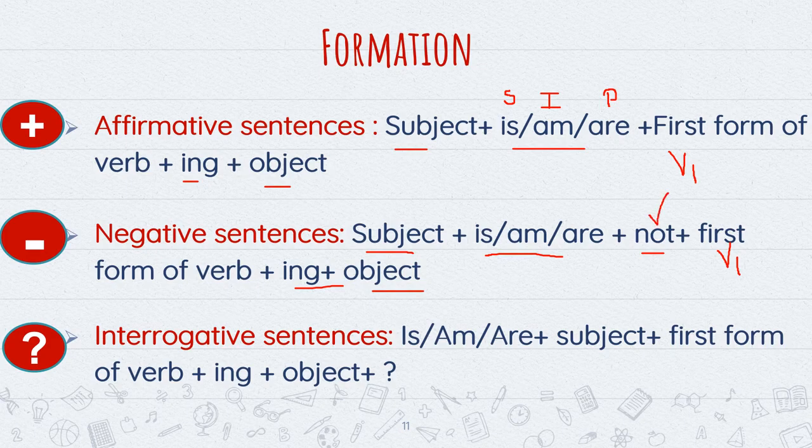Okay. Now see the formation for interrogative sentences. These sentences will start with is, am, or are, plus subject, plus first form of verb, or we can say V1, plus ing, plus object, and at last we will put a question mark. Okay.